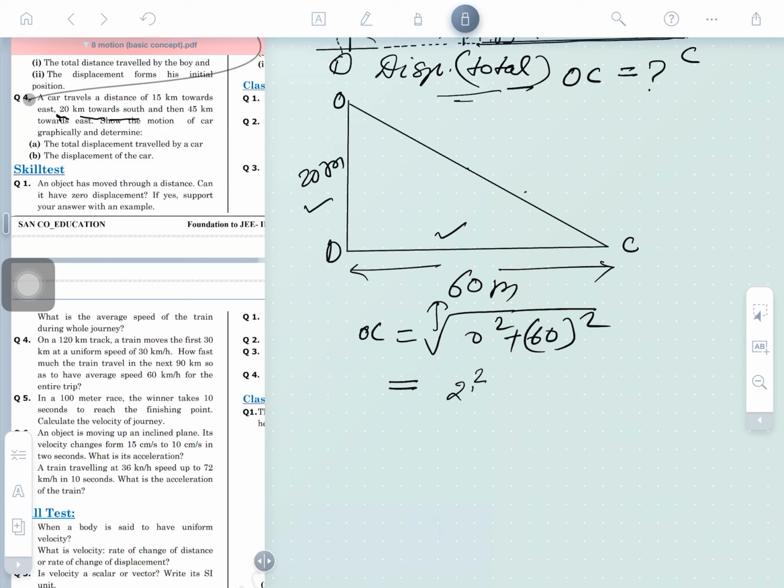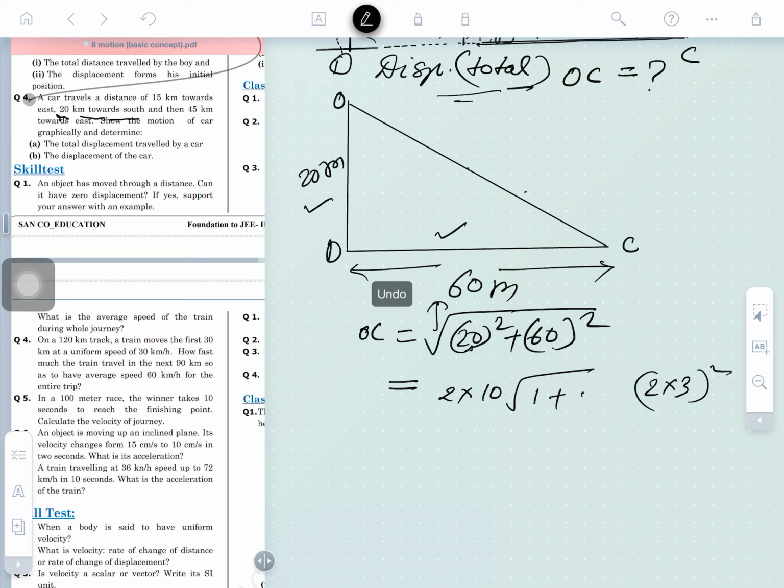So it will be 10 into the square root of 2 squared plus 6 squared, that is 10 times the square root of 4 plus 36, which is the square root of 40. Here it's 10 into the square root of 1 plus 3 squared, which is 10 times the square root of 1 plus 9, that is 10 root 10. It's the answer.